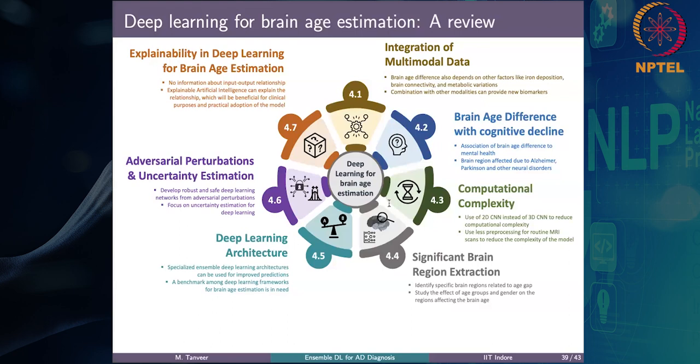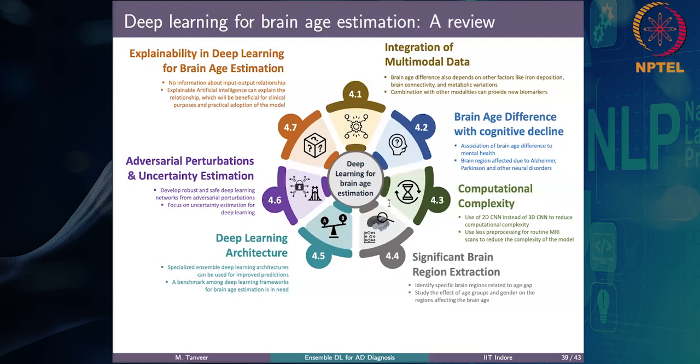Since people are working on deep learning, explainability is one of the major issues, especially for doctors. If we use explainable AI, it will really help to understand the relationship for the practical applications of the model.